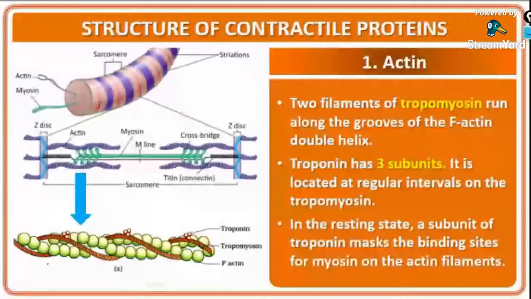Each actin filament has a site for attaching the myosin. Sorry, I interchanged it earlier. Once again I'll explain: in the resting stage, a subunit of troponin masks the binding site for myosin on the actin filament.